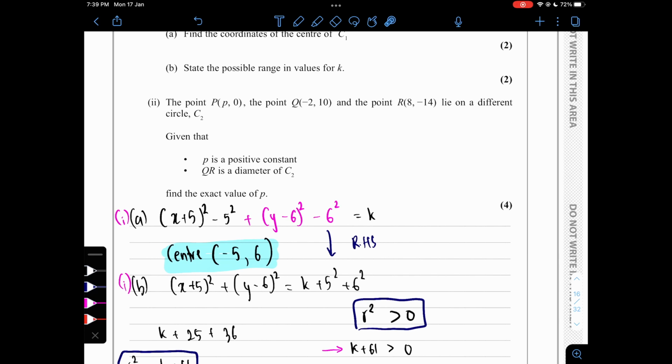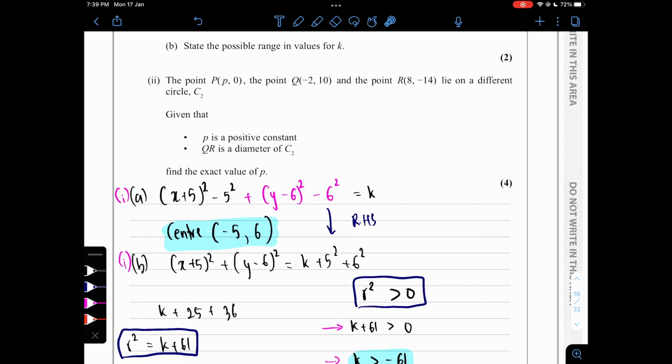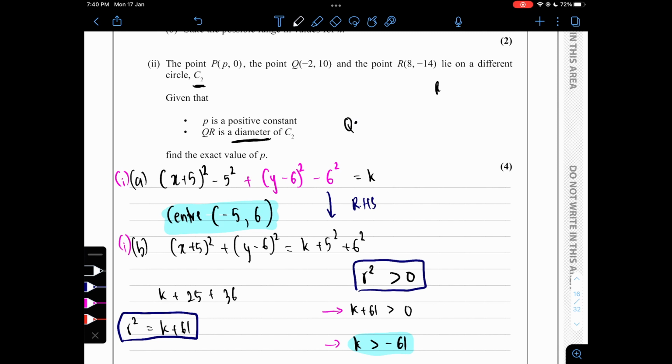Okay, so what do we know? We have another circle, and they all lie on this circle C2. We know that QR is the diameter, right? So if we have Q and we have R, we have the diameter here. That means its midpoint must be the center.